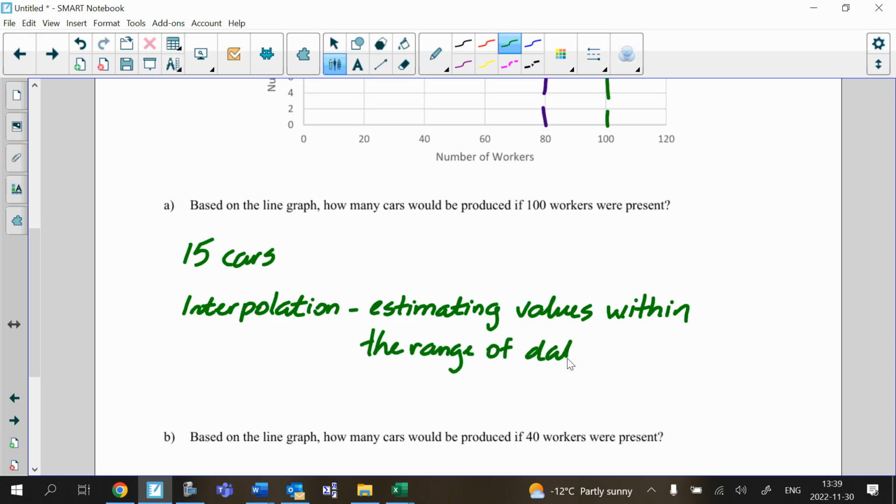If we are asked to estimate values outside the range of data that we're given, that's called extrapolation, which part B is an example of. 40 workers were present. So we're going to have to decide how this graph is moving.